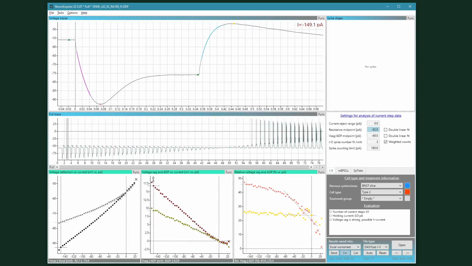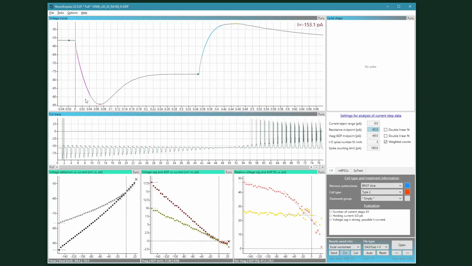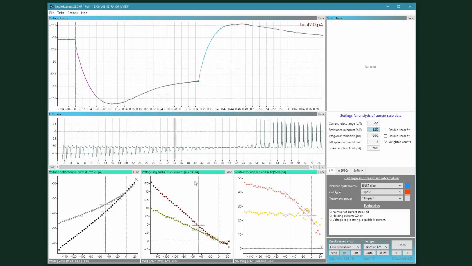So how do we interpret that? When the current step ends and the current goes back to 0, then the membrane potential can overshoot. Basically, it can reach a local maximum that is more depolarized than the baseline, the resting membrane potential. So the difference between the overshoot and the resting membrane potential will be used to calculate the after depolarization, ADP.